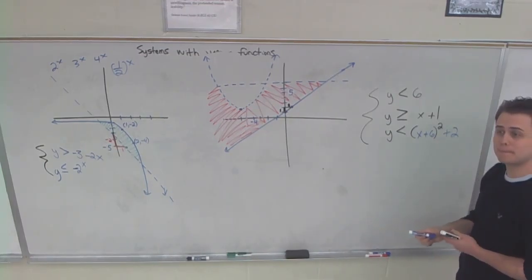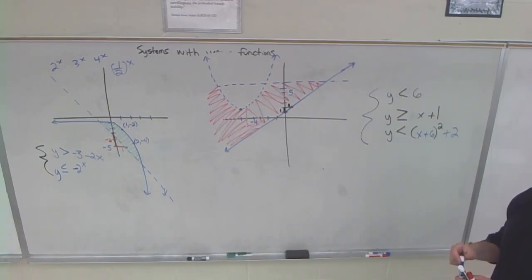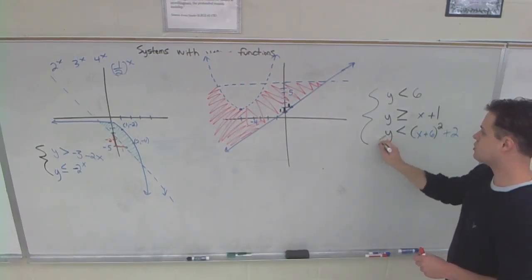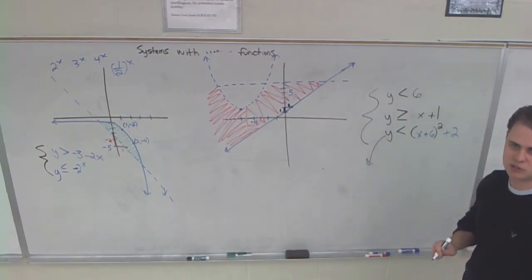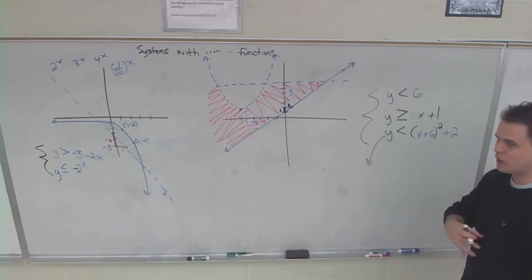What's up? Would you be able to distribute the square to the x and the 6? Okay, so remember, we viewed parabolas most of the time this year. We didn't look at parabolas in transformation form, right? It's a great question. You can't just distribute, you've got to expand, right?